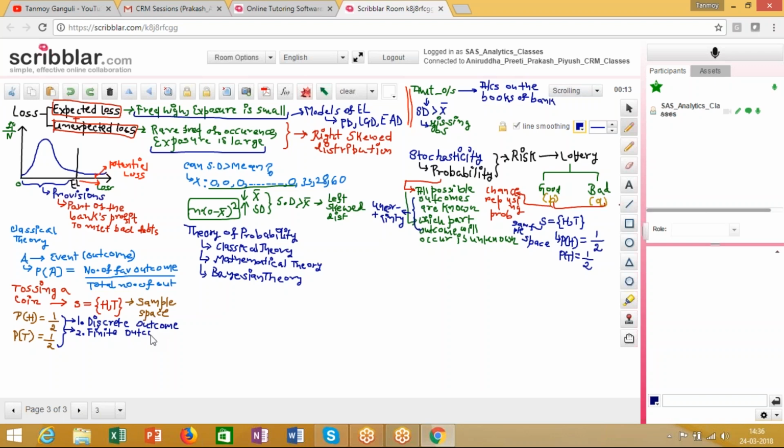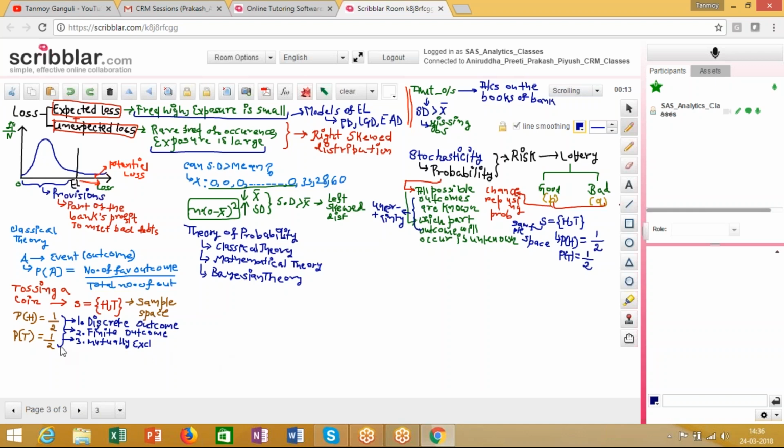After this, the next condition under which this calculation has been made possible is that the outcomes are mutually exclusive in nature. So the third is mutually exclusive.